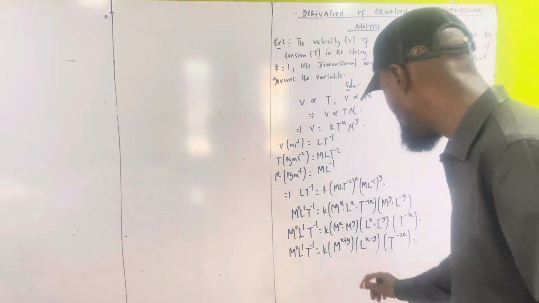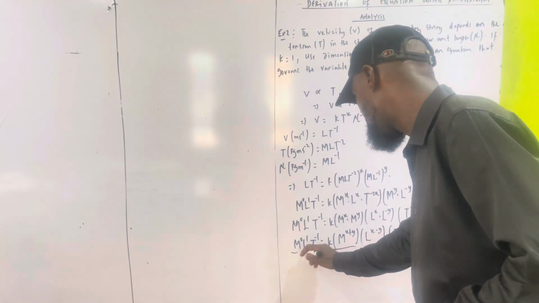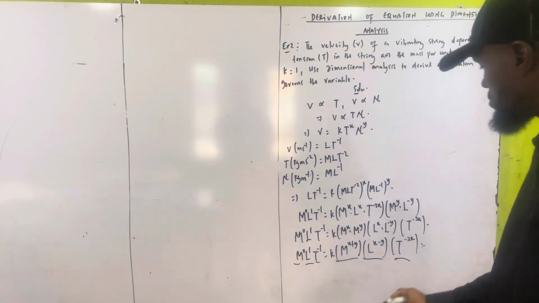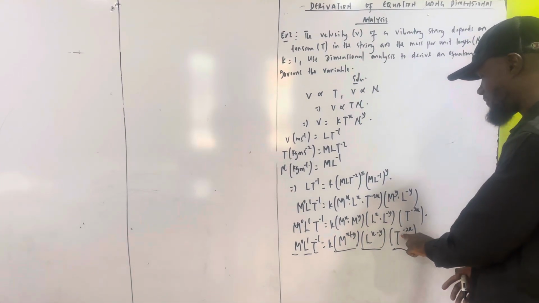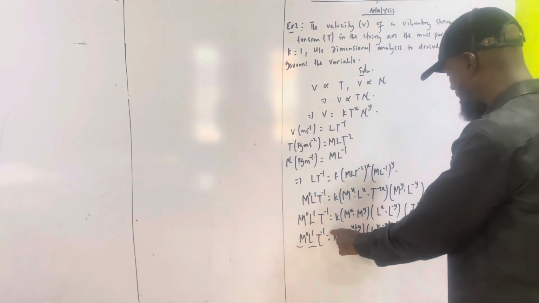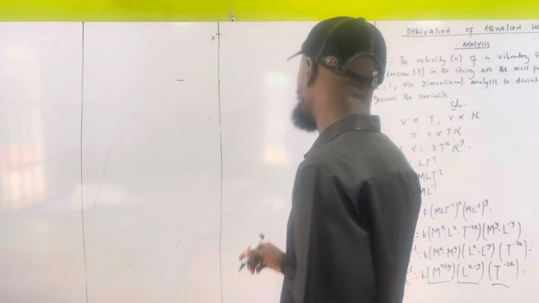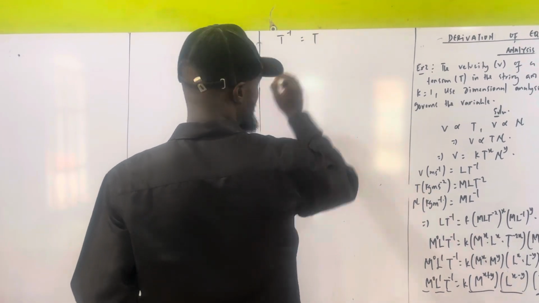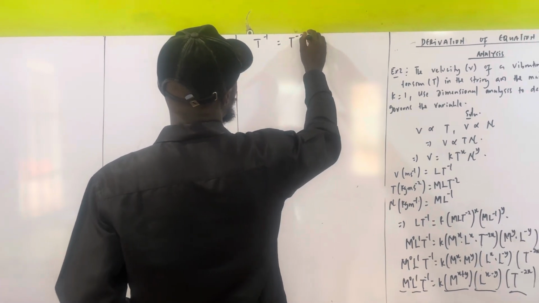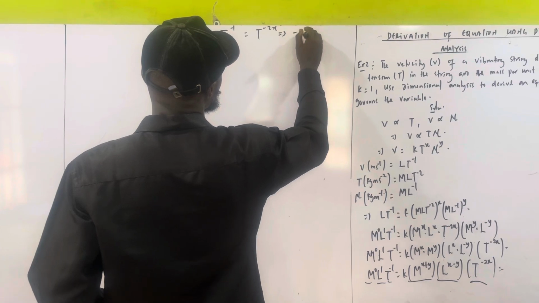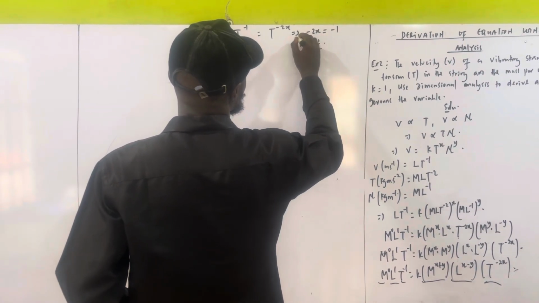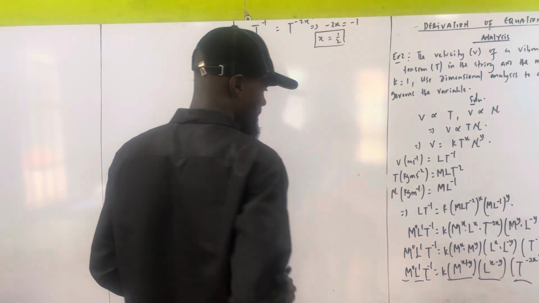Carefully, we can easily equate these: L to L, then T to T. But if I should start with T, because on top of T here we have minus 2x and on top of T here we have minus 1, I can easily equate that one. So T^-1 is equal to T^-2x, which implies that minus 2x is equal to minus 1. Then our x is 1/2.